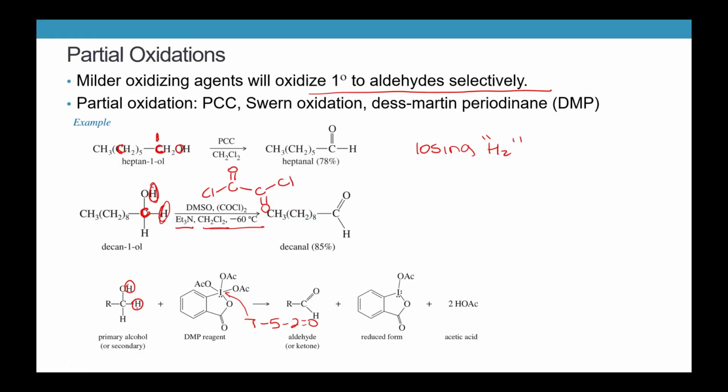Now we do use DMP to oxidize secondary alcohols as well. And actually PCC and DMSO, these can all oxidize secondary alcohols. The point of this slide is that these don't get oxidized to carboxylic acids. But if we were to add a strong oxidizing agent, then we would get the carboxylic acid.